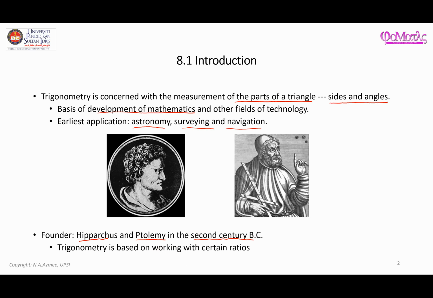These two mathematicians were interested in studying the movement of the stars and the orbit of the moon, and they answered questions related to those issues by using trigonometry, which at that time was basically working with certain ratios.